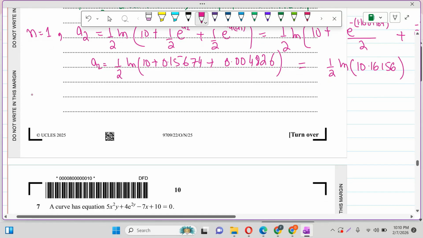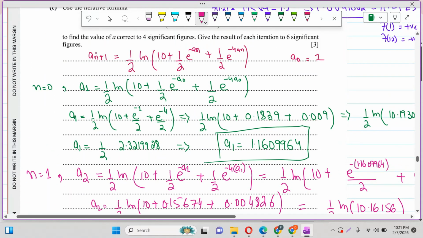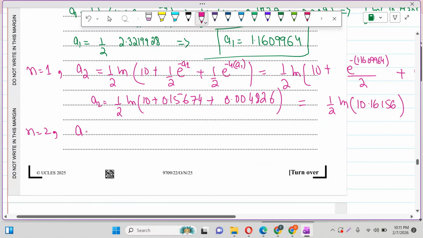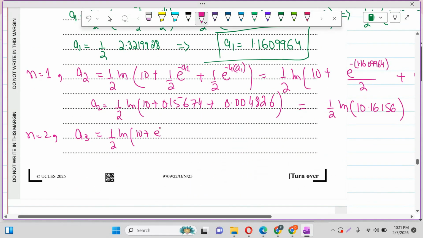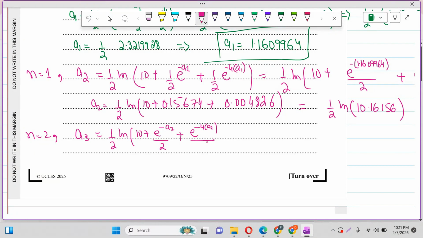Now when we plug n equal to 2, we will have a n plus 1, meaning 2 plus 1, which is a3, equals half ln 10 plus exponential of negative a2 over 2 plus exponential of negative 4a2 over 2.